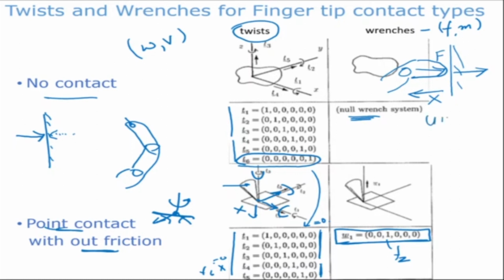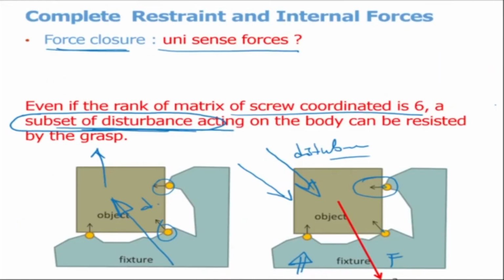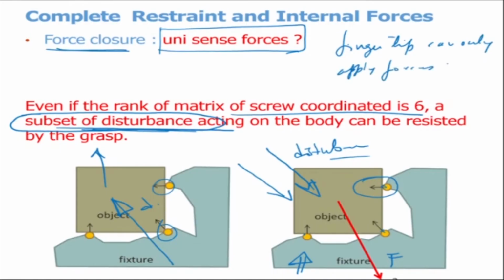So there is what we call the unisense of direction. That means when we are saying the forces that a fingertip is applying, it is only a unisense force. So a fingertip can only apply forces against the object, or push the object.